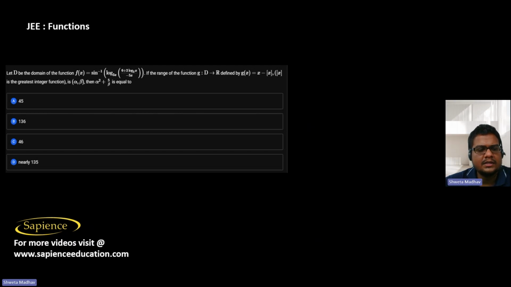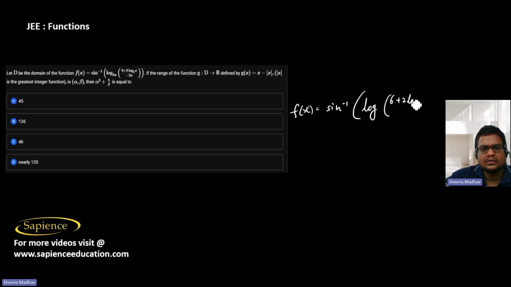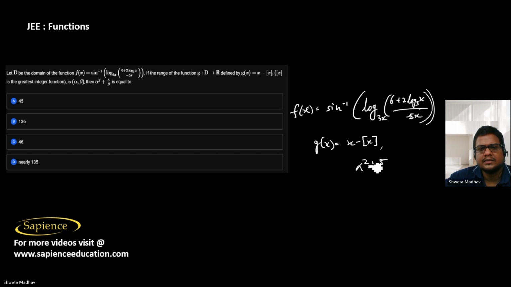Then here it is told, let D be the domain of the function f of x equals sine inverse of (6 plus 2 log x base 3) divided by (minus 5x) base 3x. If the range of the function g defined by g of x equals x minus bracket x is alpha to beta, then alpha square plus 5 by beta is equal to how much?